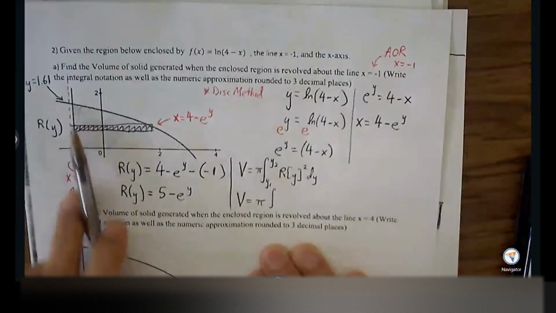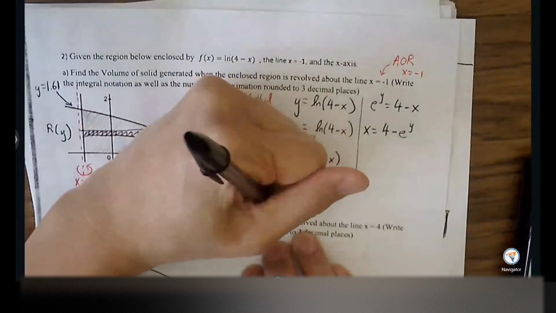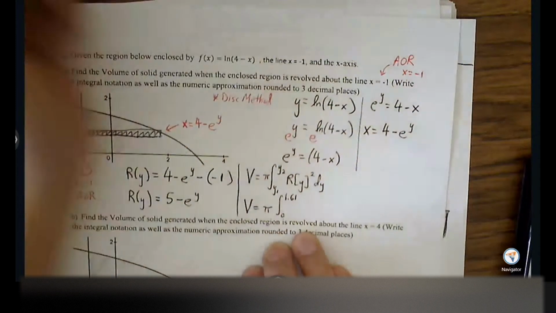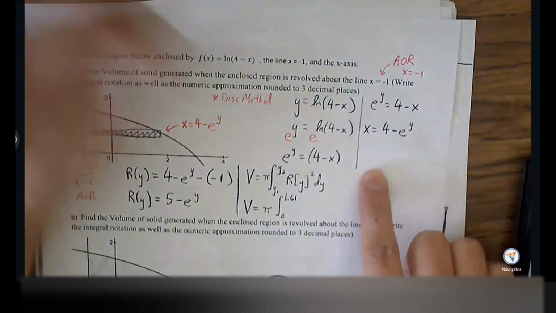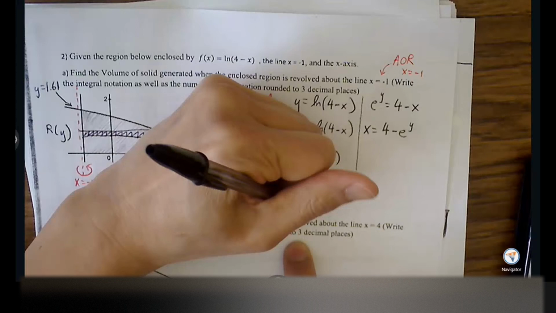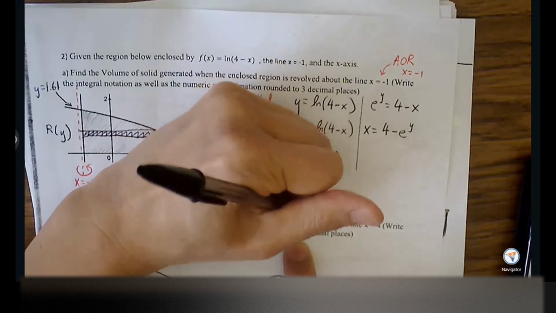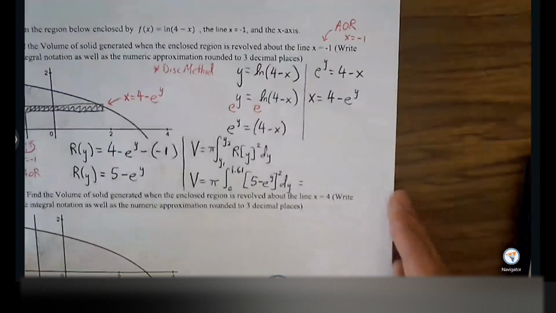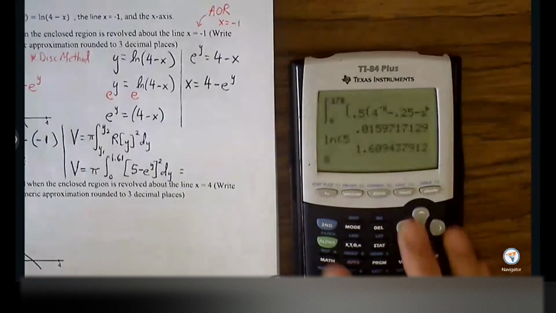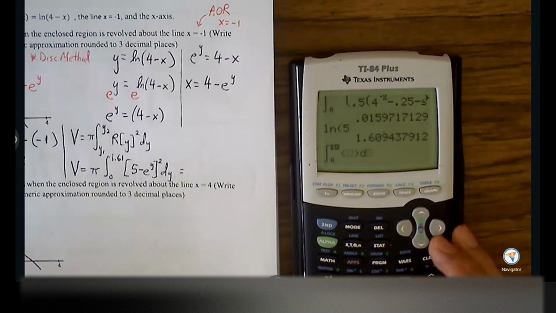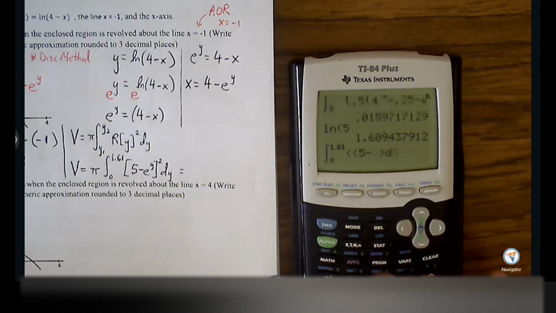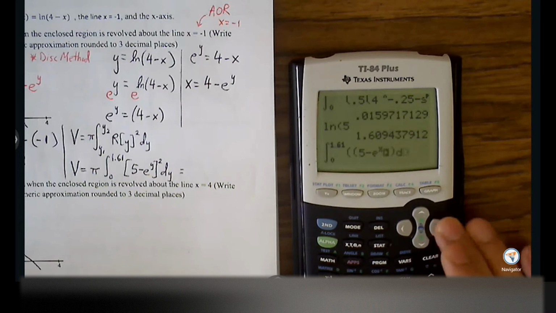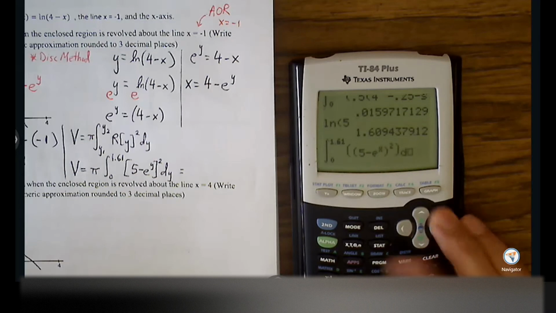So from 0 to 1.61, big radius squared. I should put parentheses here. 5 minus e to the y, close parentheses squared, dy.